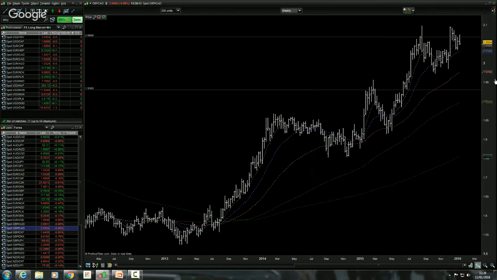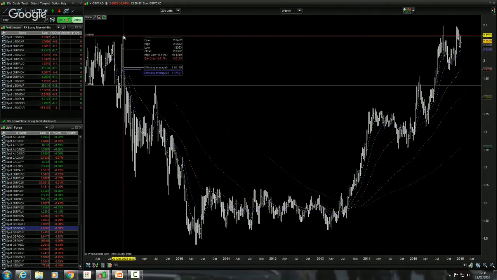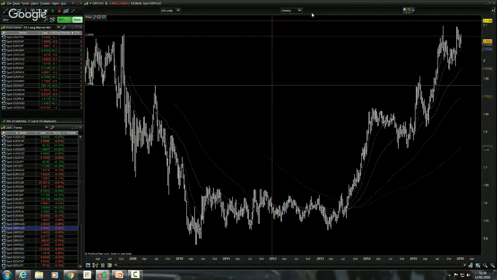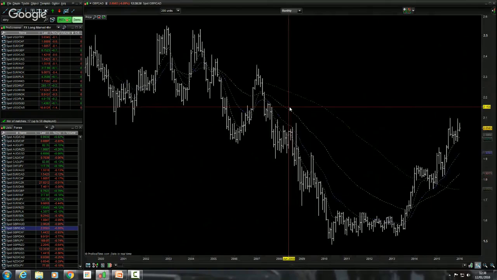Pound CAD from a technical basis does look like it wants to start its retracement, potentially back down to the 50 moving average as well, as it hasn't tested it for a while. So we've got this double top formation, and it's just been testing this resistance level here as well from this previous high in 2008. Okay, so again, this has already reached its 2008 level.